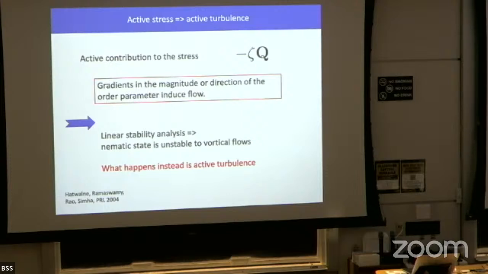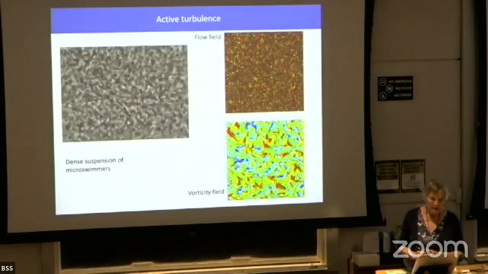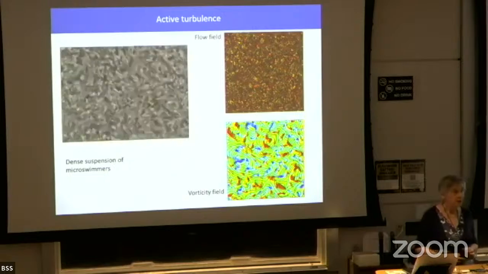What do we get instead? To answer that question, we actually have to solve the equations, and then you go and take your favorite computer program and you solve those differential equations, and let's see what happens. And what will happen is active turbulence. So this is the experimental picture we've seen.